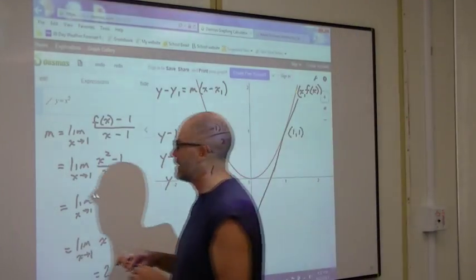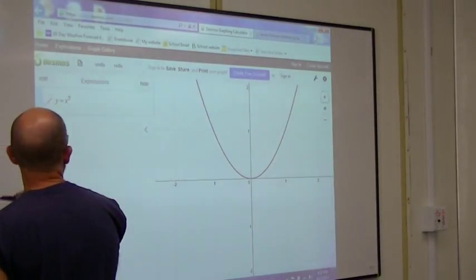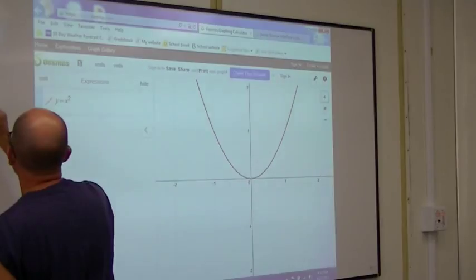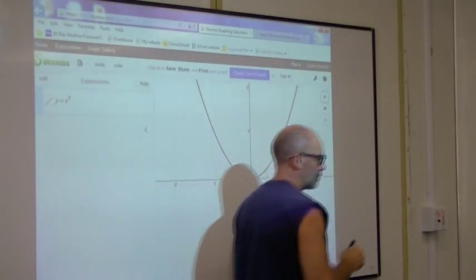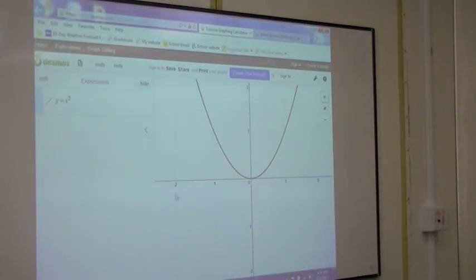So let's just do that. Okay, and we need to zoom out a little because we need the point (3, 1).